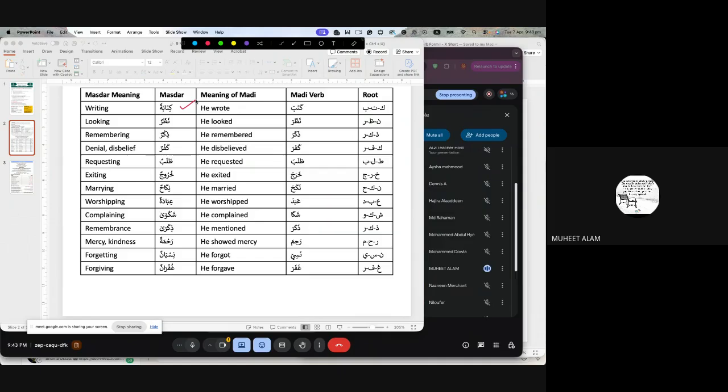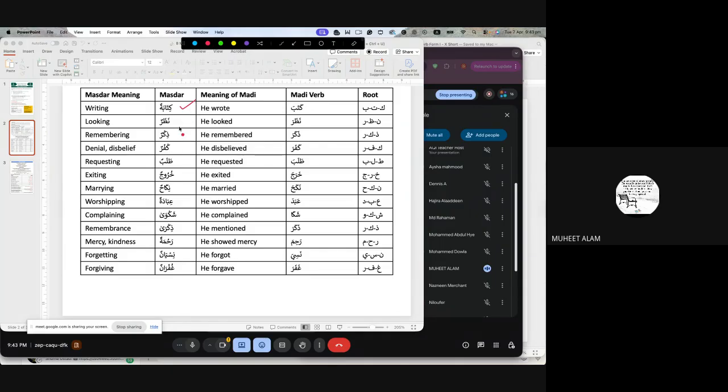The mazi verb of this root is kataba, which means he wrote. As you can see, there is an actor, the action, and the time here. And the masdar of this is kitabatun, which means writing. And you can see the difference here. The writing here doesn't have any actor or time. It just is the idea of writing. So it's the masdar here.